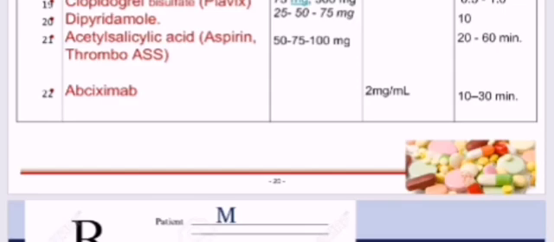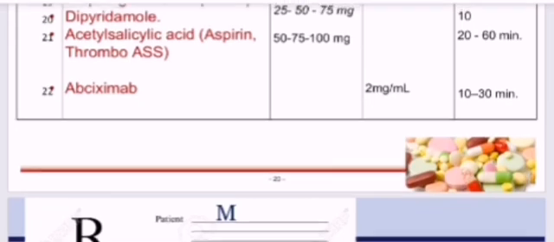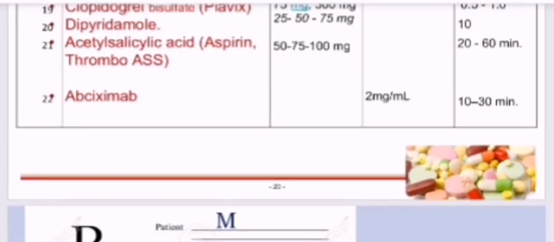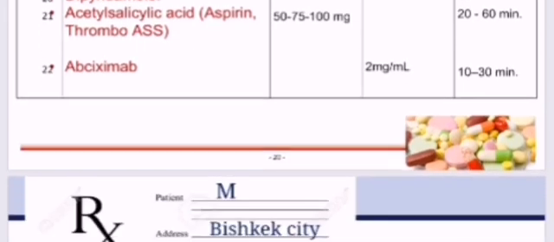Acetylsalicylic acid, aspirin, thrombo 5, 50, 75 and 100 milligram. Half-life is 20 to 60 minutes. Abciximab parenteral dose 2 milligram per milliliter, having half-life of 10 to 30 minutes.